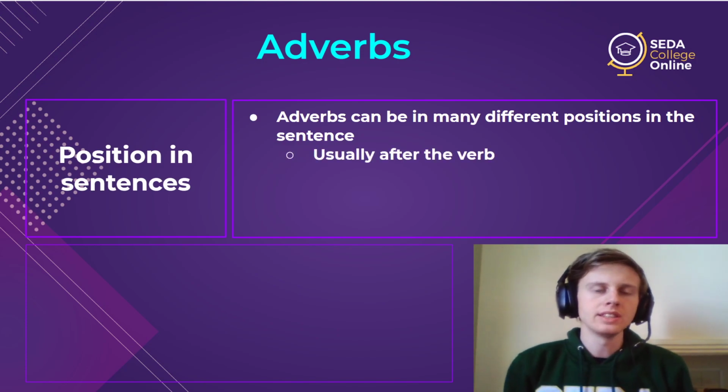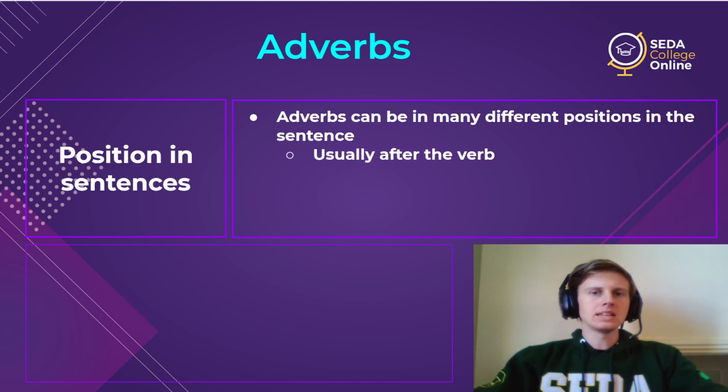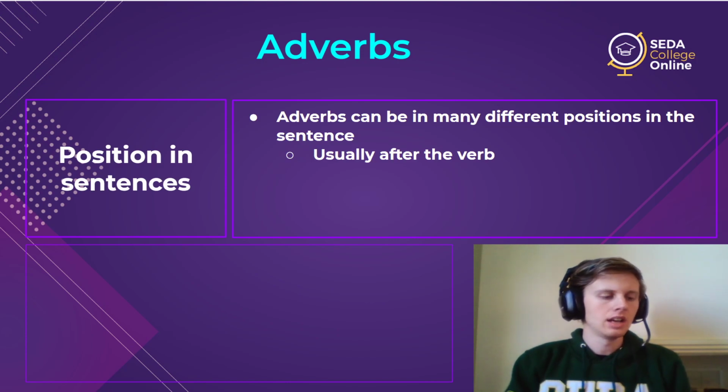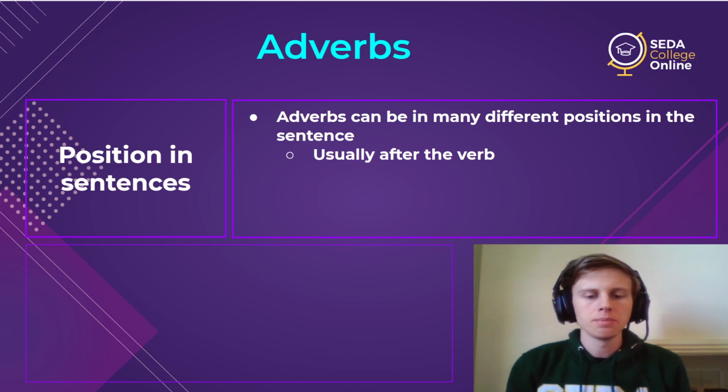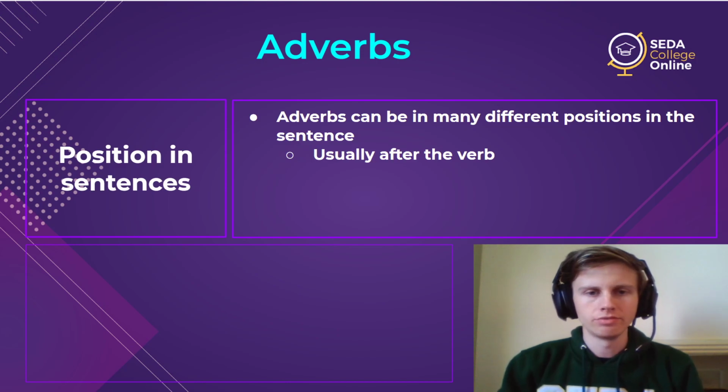One position is usually after the verb. This is kind of the basic position for an adverb in the sentence. When they come in the most neutral, fundamental way, they'll come after the verb that they modify.